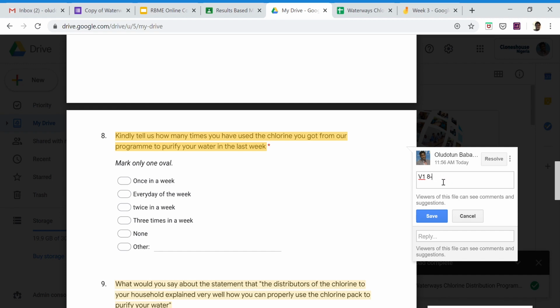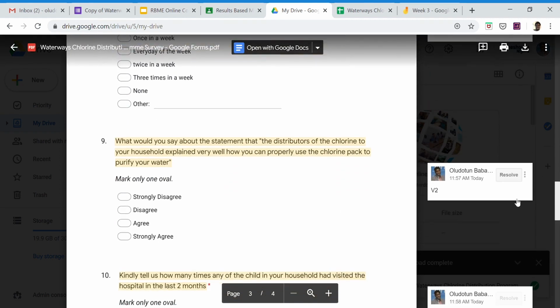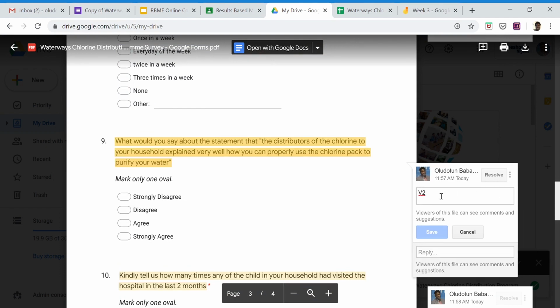I just say CHL use, which is chlorine use, right? So let's look at this and edit this. I say DIS percep. So this is distributor's perception, right? And I put it as 9.